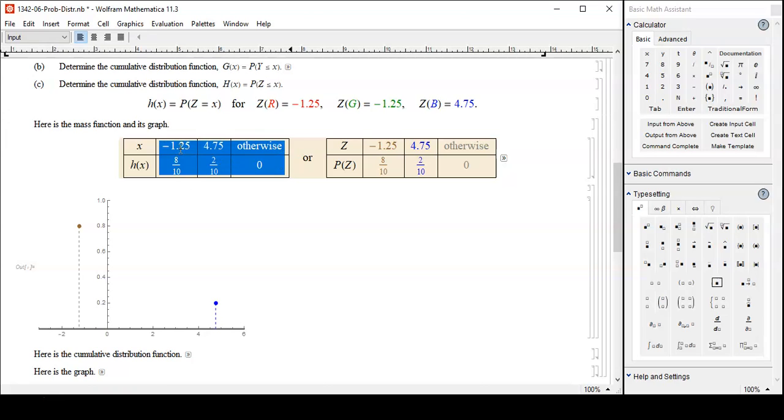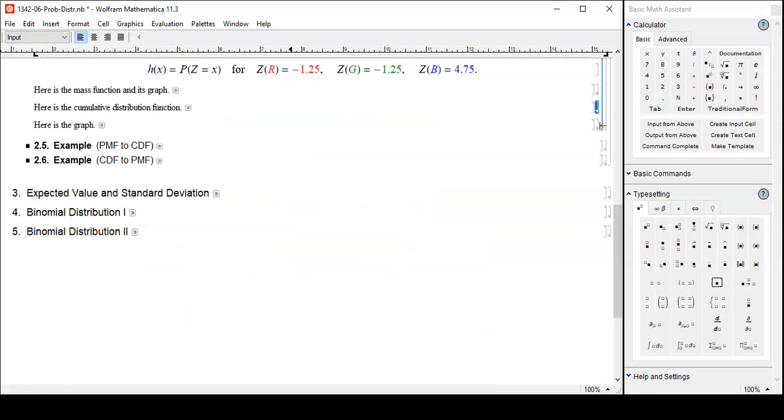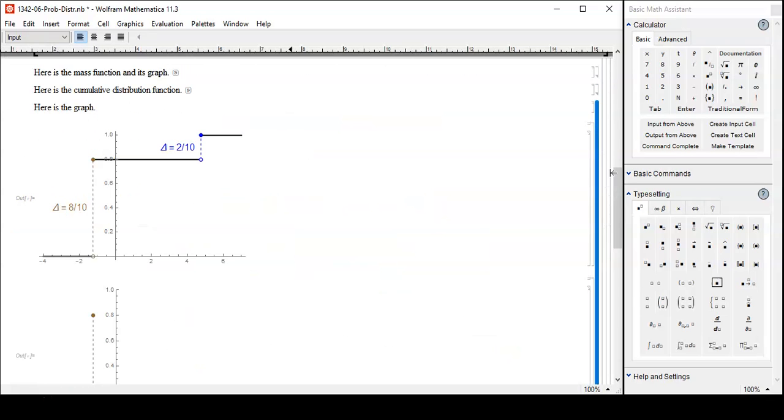So these 3 columns will be necessary because I want less than -1.25, between these 2 numbers, -1.25 to 4.75, and then greater than 4.75, like this. This, and then after all the accumulation, like that. And finally, here's the graph. We have 2 jumps.